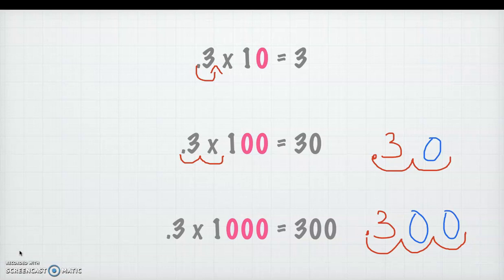So sometimes as you're multiplying by 10, 100, and 1,000, annexing zeros may be necessary. That's going to be today's lesson, multiplying by 10, 100, and 1,000. Knowing those 3 rules is going to help you on your future tests, maybe middle school as well and high school, because it's going to take you seconds as you're multiplying by 10, 100, or 1,000.